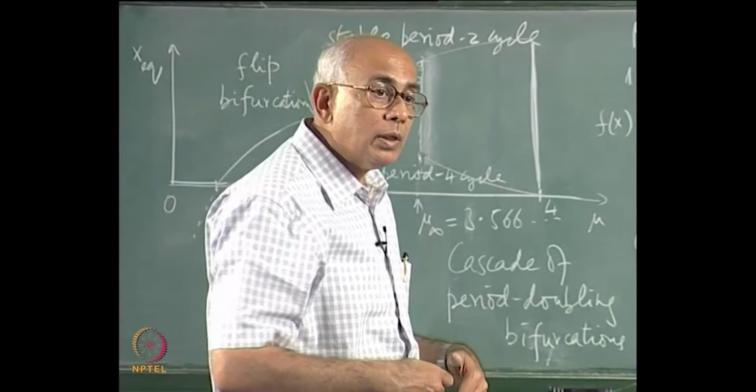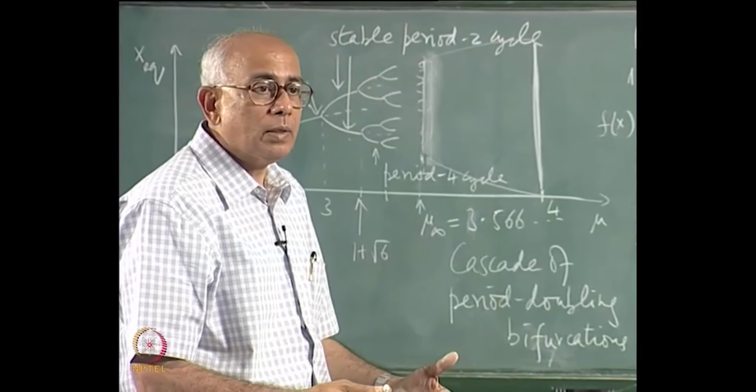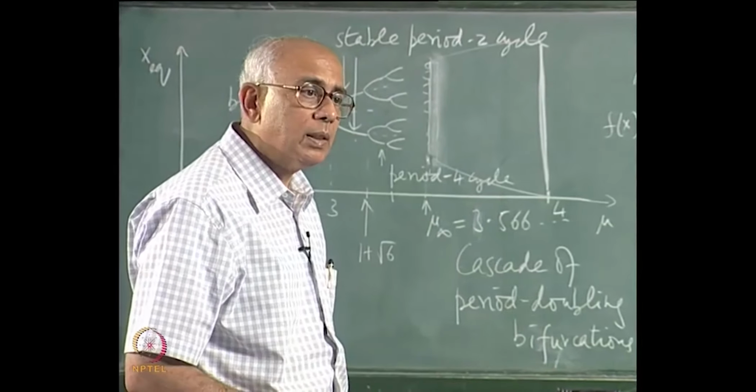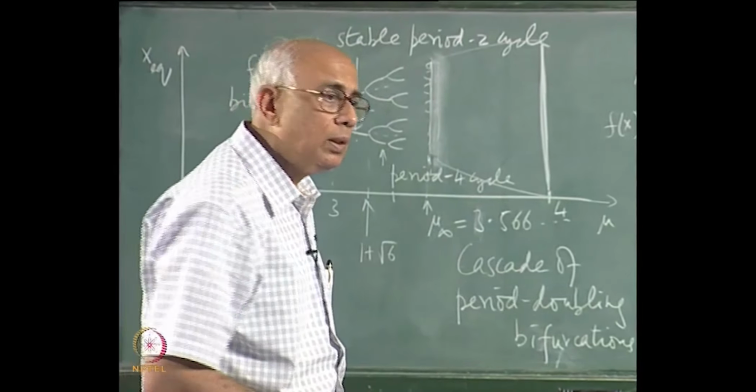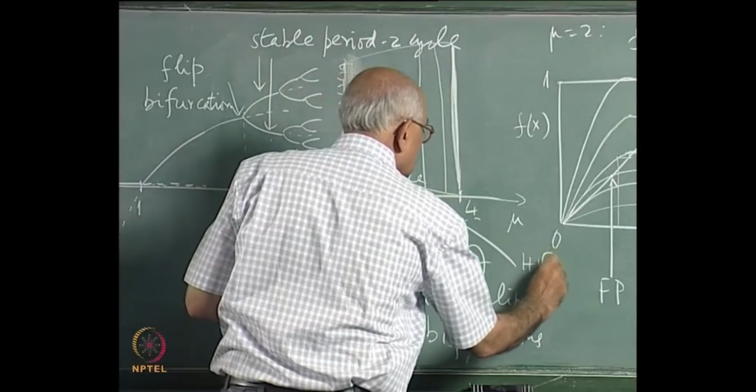So there are long regular bursts of the iterates followed by chaotic intervals followed by regular bursts and so on, and eventually at the point 1 plus root 8 a period 3 window takes over. So for a little bit of time there is a period 3 cycle, and it happens at 1 plus square root of 8, which is still less than 4.